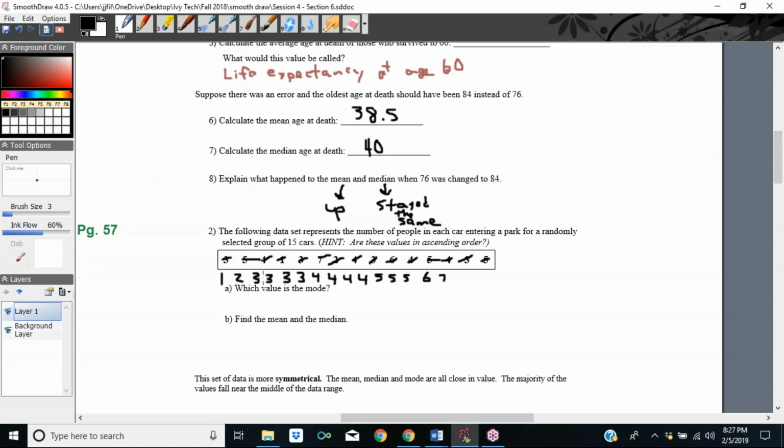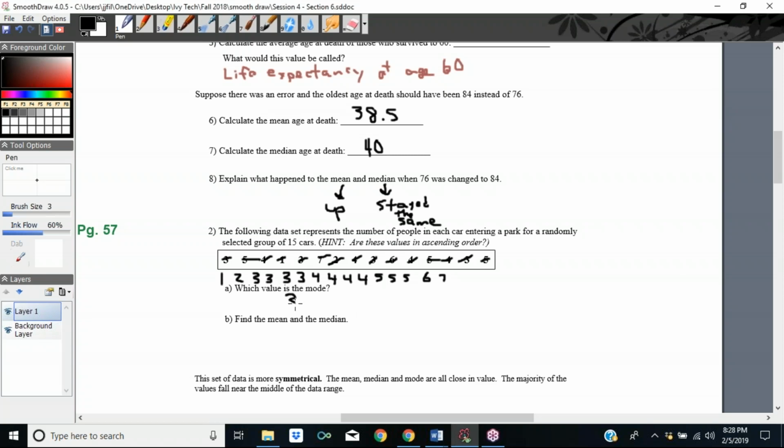So there they are in order, 15 numbers, and it says which value is the mode. So the first answer, which of those is the mode? That means which number appears the most number of times?